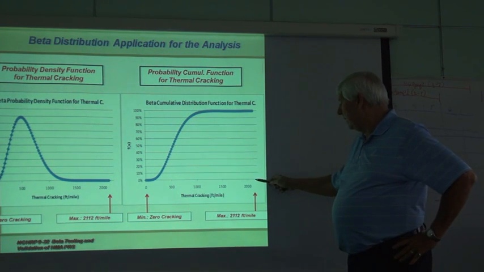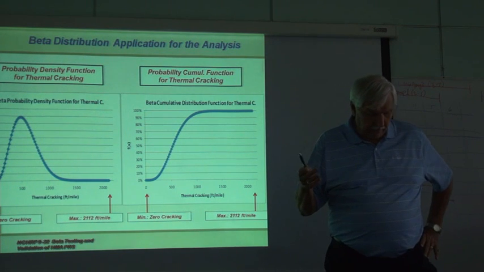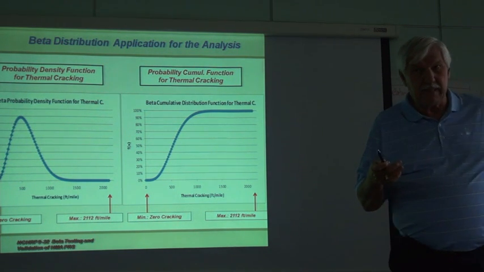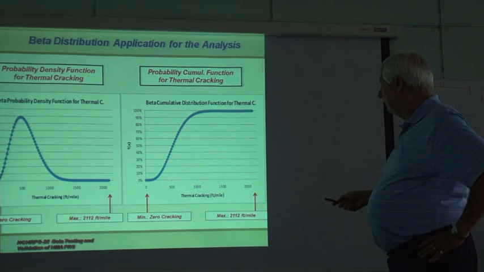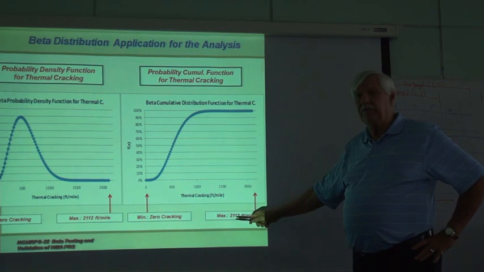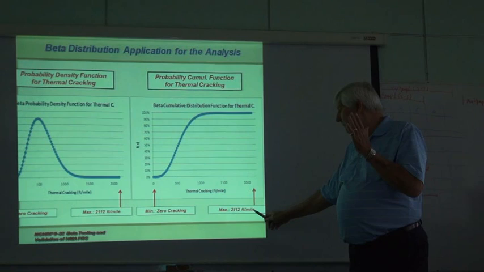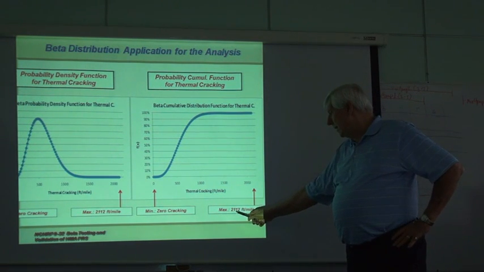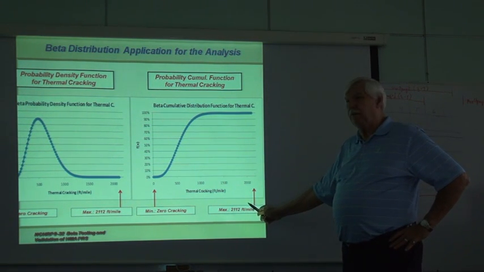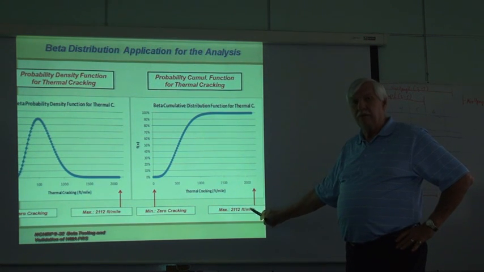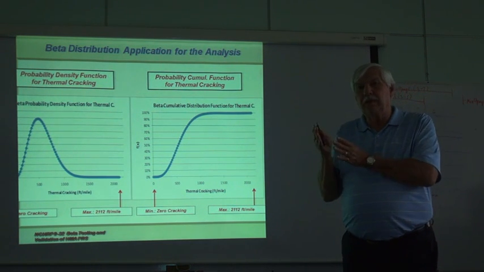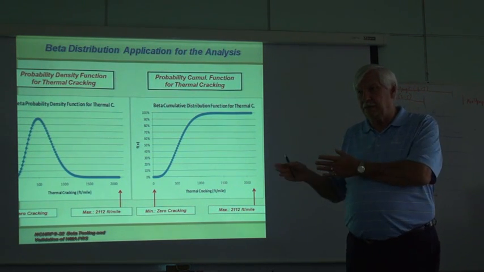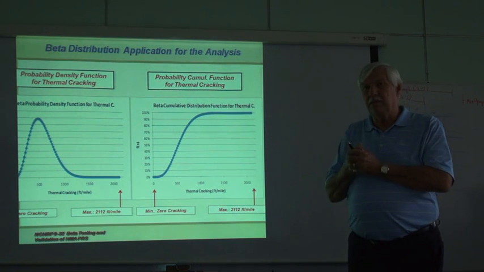And when Ray Roque at Florida developed the thermal cracking module, he developed it as a complete failure condition where I would have cracking at 12 or 15 feet across the lane width, so that I would never be able to predict more than 2,100 feet per mile of thermal cracking. So again, these are advantages of the beta distribution that are programmed into the PRS.